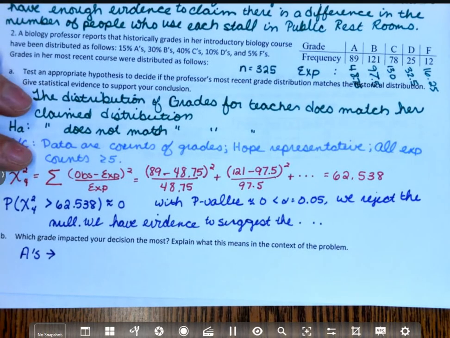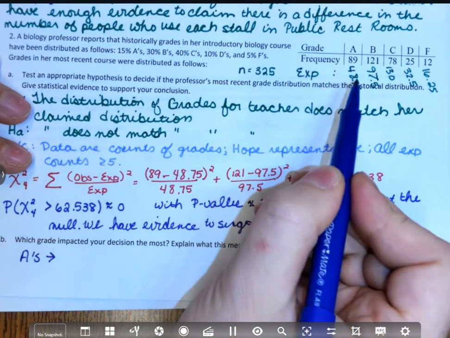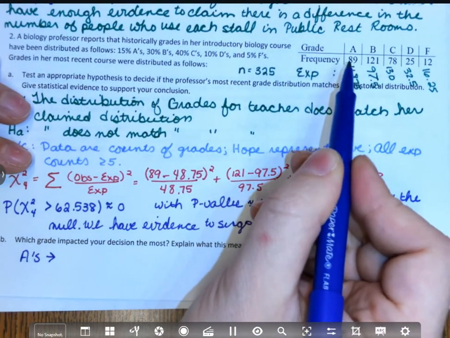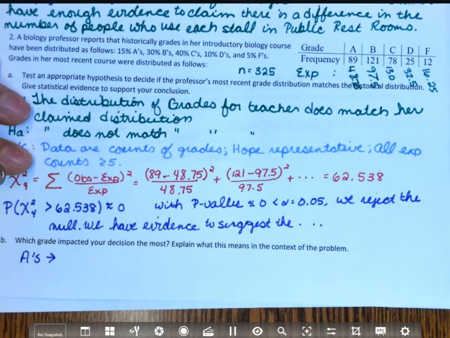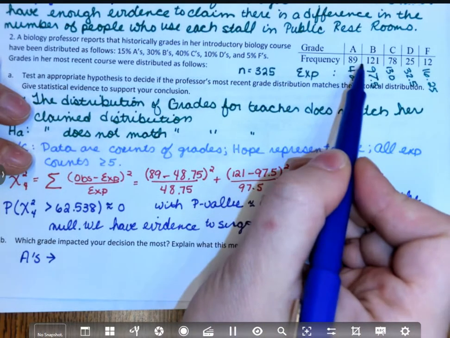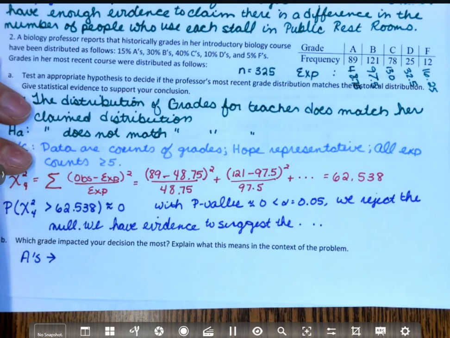So the grade impacted the most, why? If we were to compare observed minus expected, what would you say? Did you have more A's or less A's? What did you have? 89 and 48. What do you have?